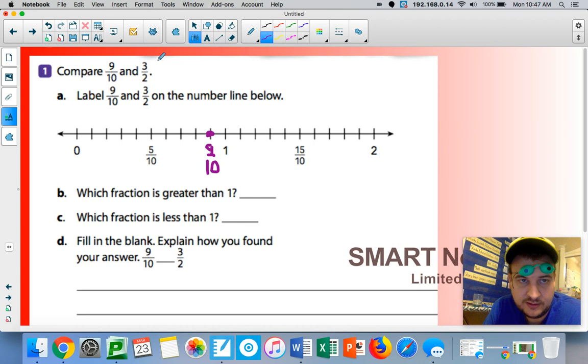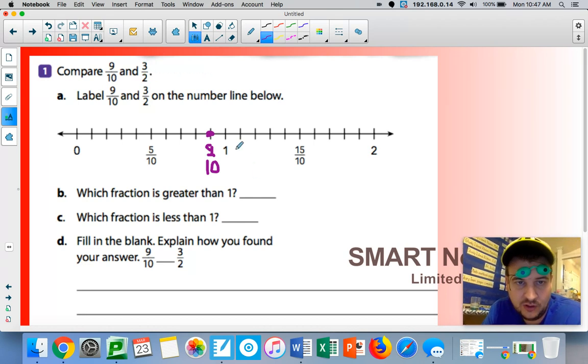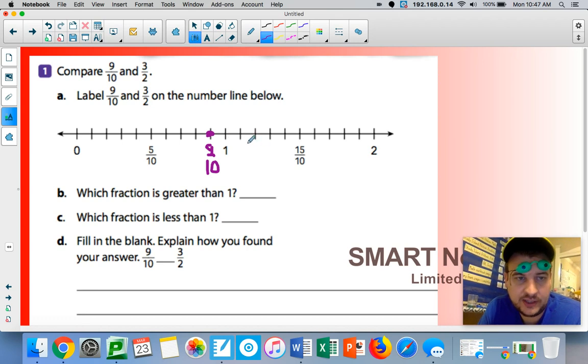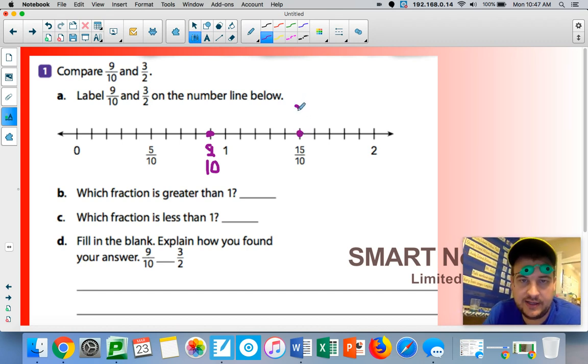All right. This is 3/2. Well, a whole would be 2 out of 2. And I have 1 extra piece. So this is equal to 3/2.